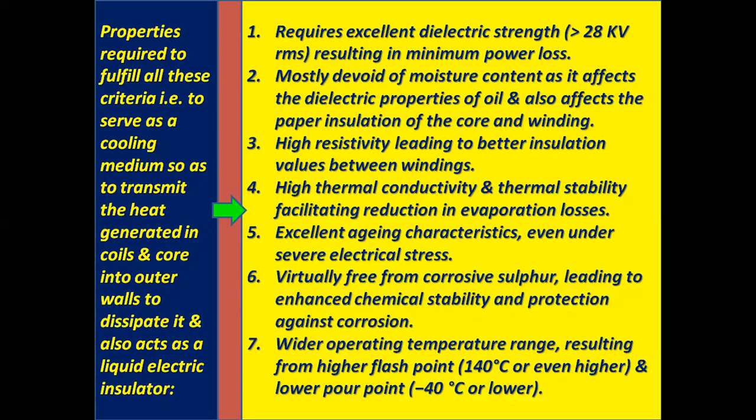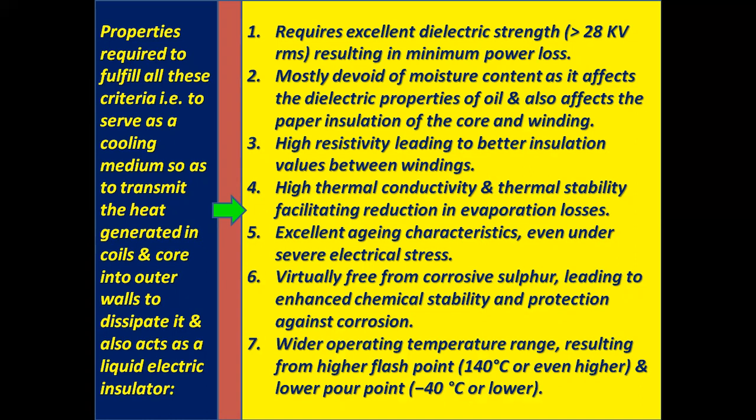Number 3, high resistivity leading to better insulation values between windings. Number 4, high thermal conductivity and thermal stability facilitating reduction in evaporation losses. Number 5, excellent aging characteristics even under severe electrical stress.